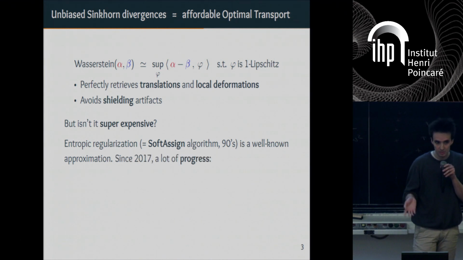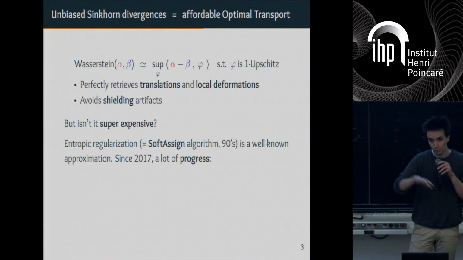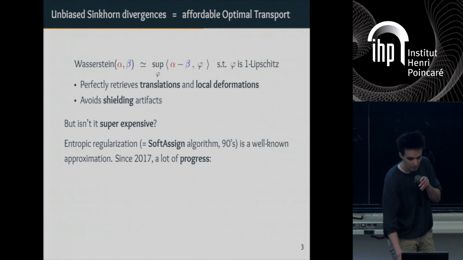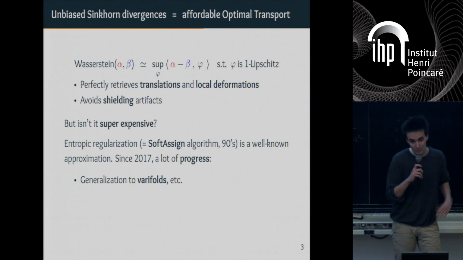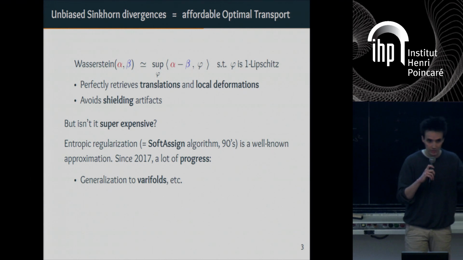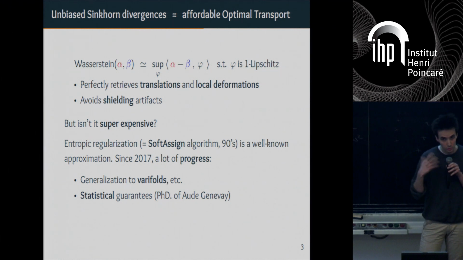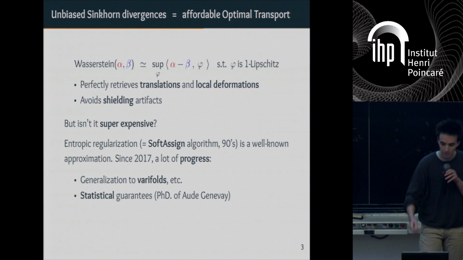But since 2017, basically, at the intersection of literatures in computer vision and machine learning, we've seen a lot of progress. First, and this is why Irène invited me, you can generalize optimal transport to varifolds and normal cycles and all that. Second, now we have good statistical guarantees on what we're doing when we sample the measures.